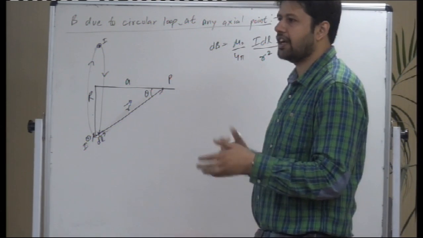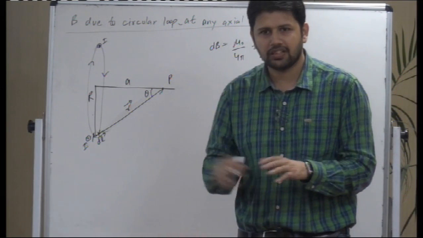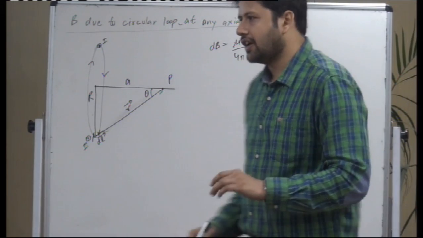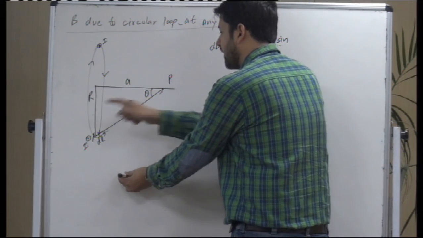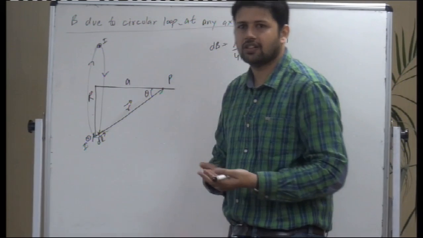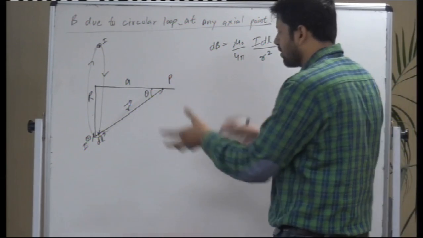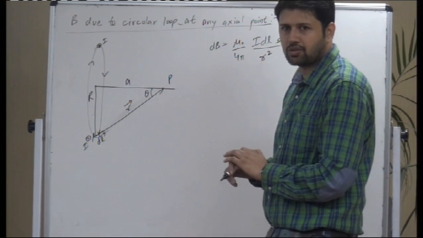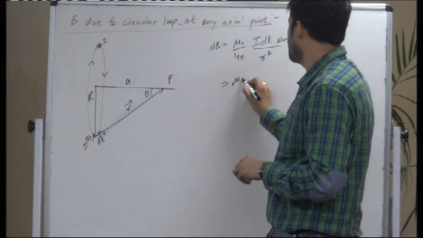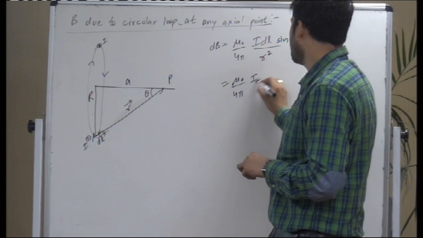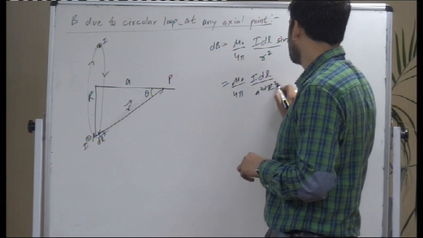Any line coming out of the plane is perpendicular to all the possible lines in the plane, whether a circle, square, anything drawn on this plane. So the angle would be 90 degree: mu naught upon 4 pi, I dl upon a square plus R square, right?